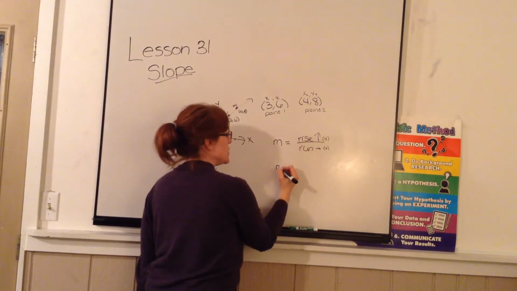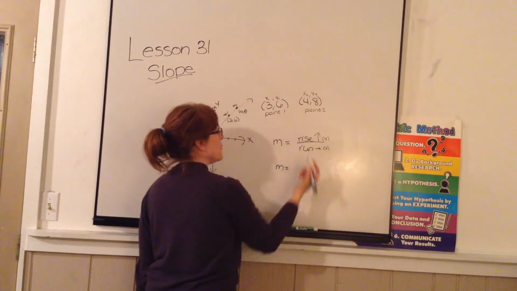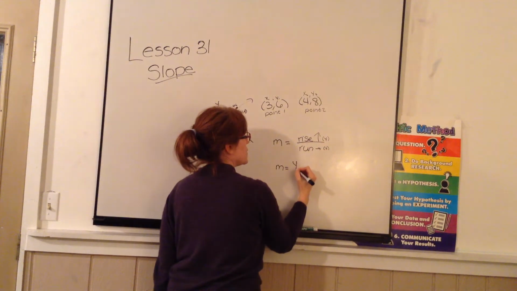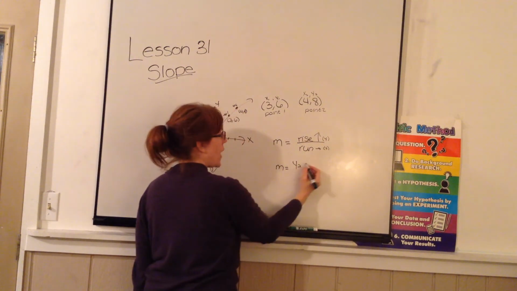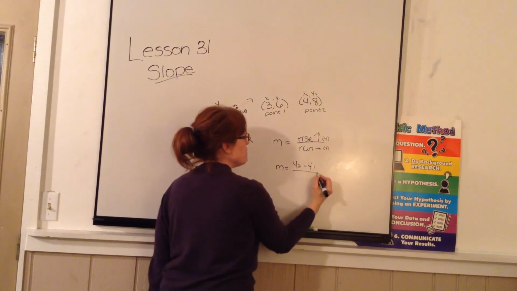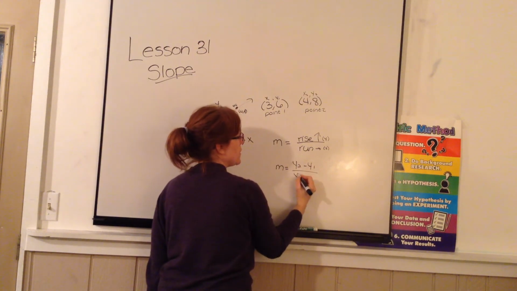Now the way we find the difference in how far we have to go is we say, we have 2 points, we're going to take our second point y minus our first point y. That's going to be our rise, and this is going to be our run. We're going to do the same thing with the x's.